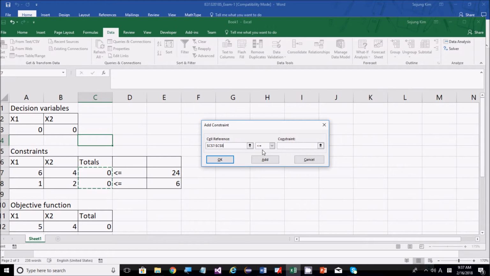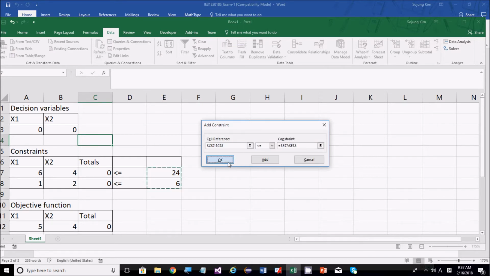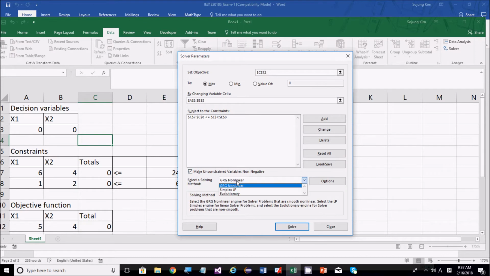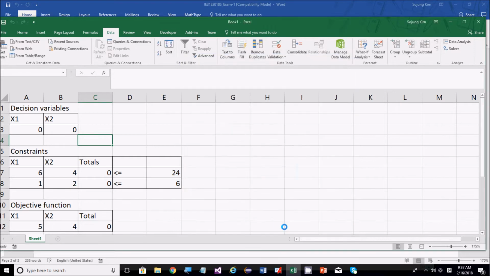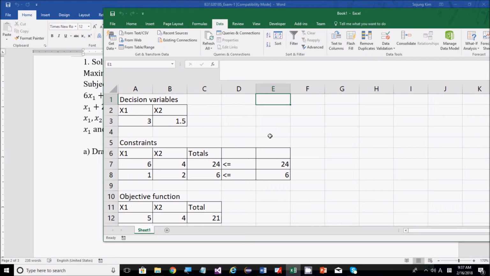So these two numbers should be less than or equal to the values on the right hand side. Click OK. Yes, it uses simplex LP so that we can get the solution. So this is the result of the first iteration in the branch bound algorithm.